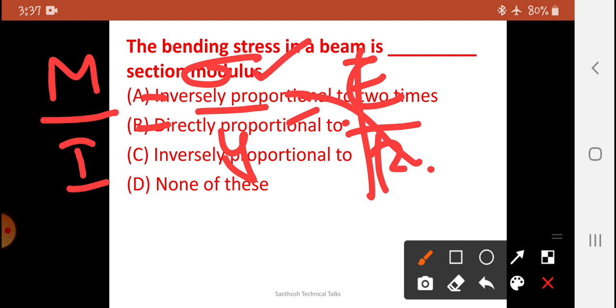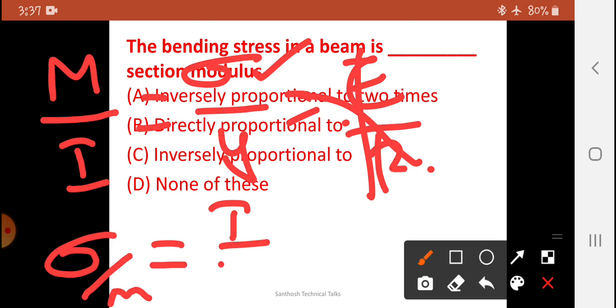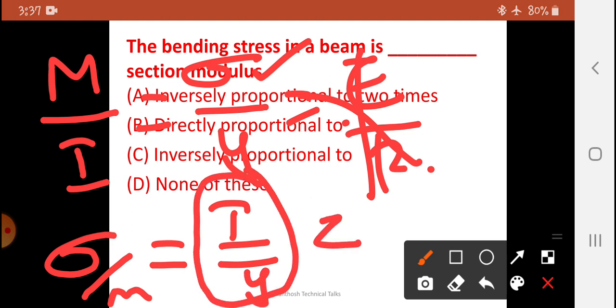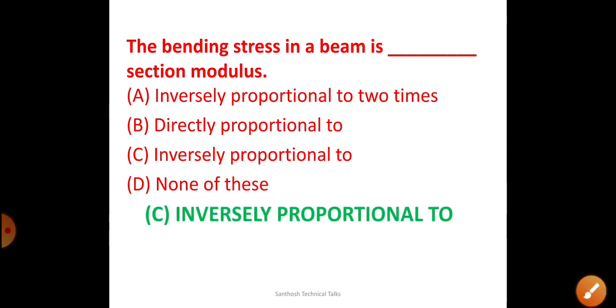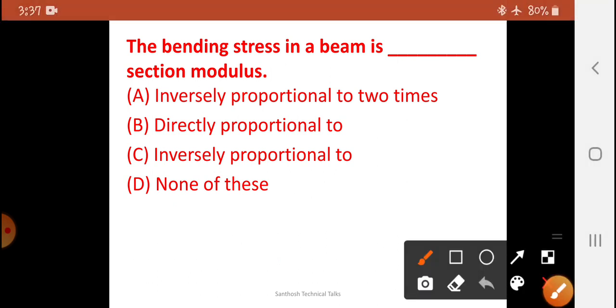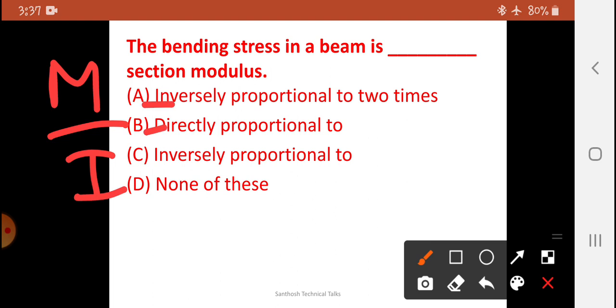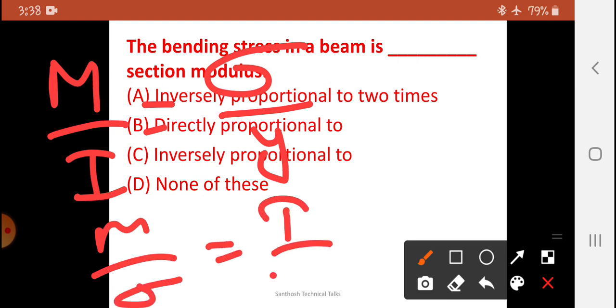This is the bending stress sigma. M by sigma is equal to I by y. Therefore this is called section modulus, say Z. Therefore sigma is inversely proportional to Z. How it is coming: M by I is equal to sigma by y, so M by sigma is equal to I by y.